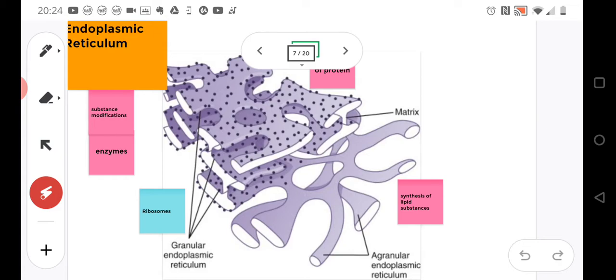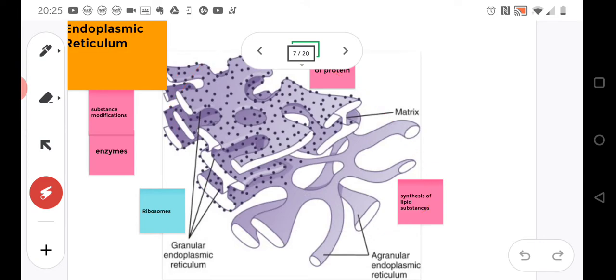Ribosomes are the structures that are able to create proteins. They are extremely important because they are able to create the proteins. So endoplasmic reticulum that has attached ribosomes has the ability to create proteins, because the ribosomes can create. And the smooth cannot.